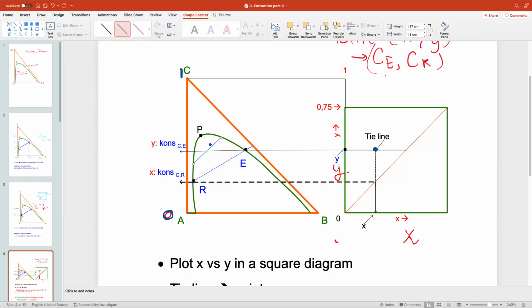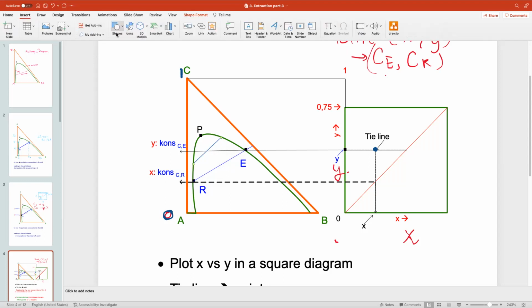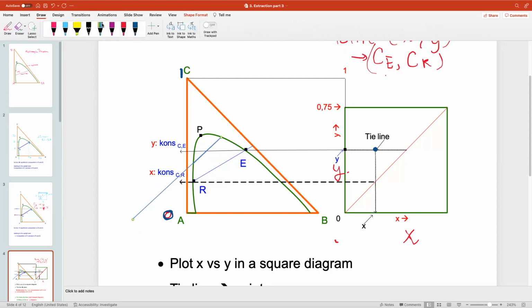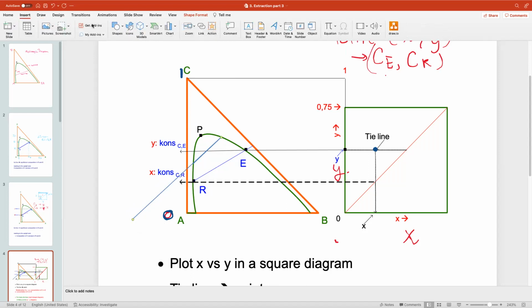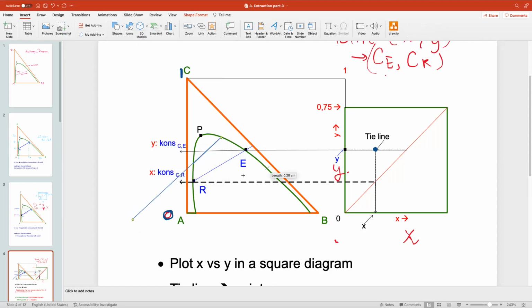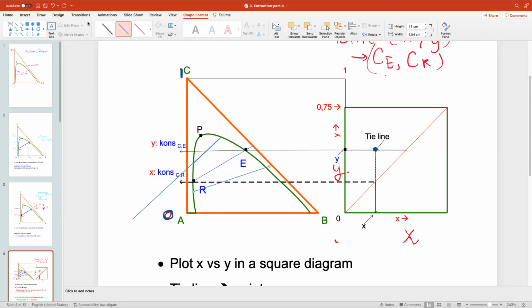Usually, if we increase the line, sometimes it can go to one certain point. So let's say I'm going to draw several tie lines, just as an example.